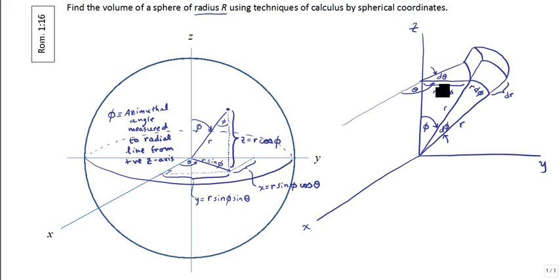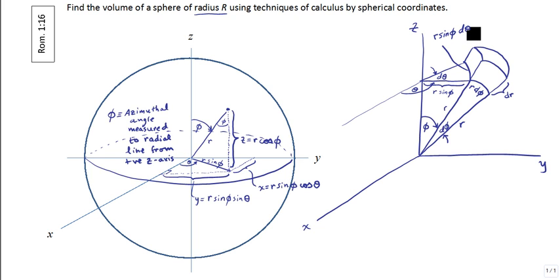That means that if I have this length here as r sine of phi, and the interior angle here as d theta, this arc length here is going to be r sine phi times d theta.